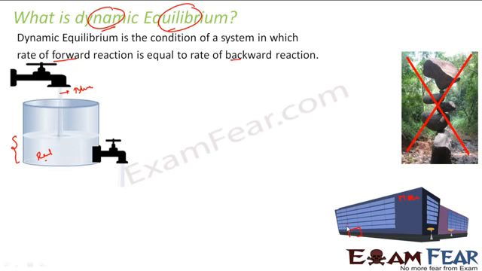One more example can be, let's suppose this is a shopping mall, and this is my entry, and this is my exit. And I assume that this is 4 p.m. evening time, and let's suppose 50 people are entering into this mall every minute, and 50 are coming out every minute.